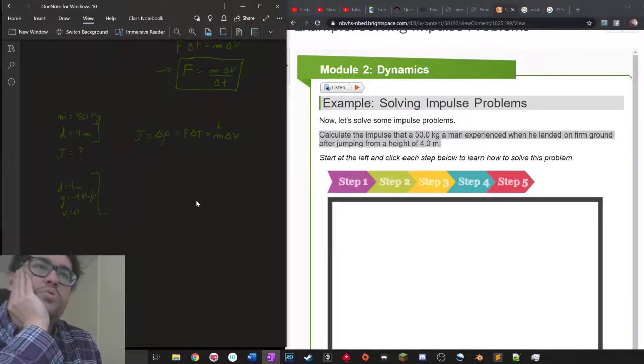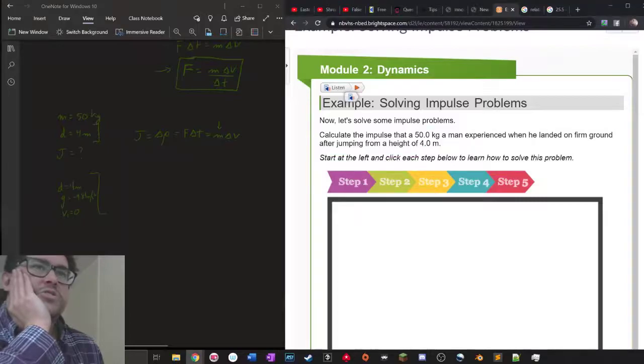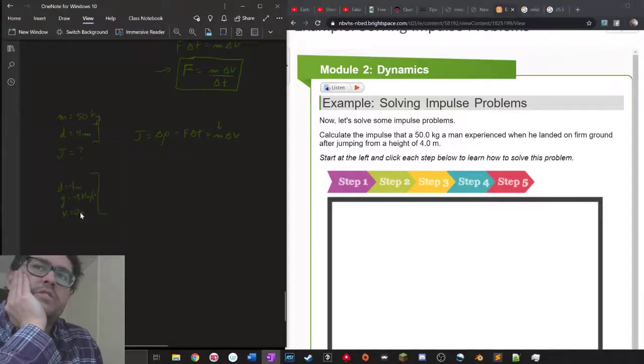V1 was 0 because he jumped from a height of 4. V2 is unknown.